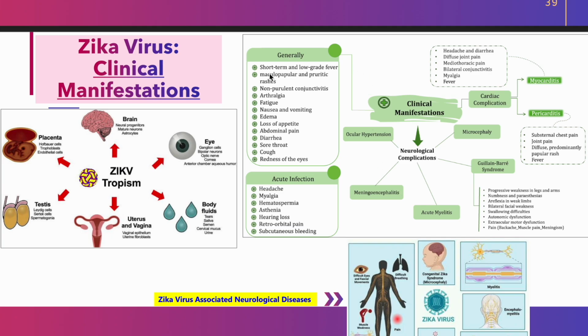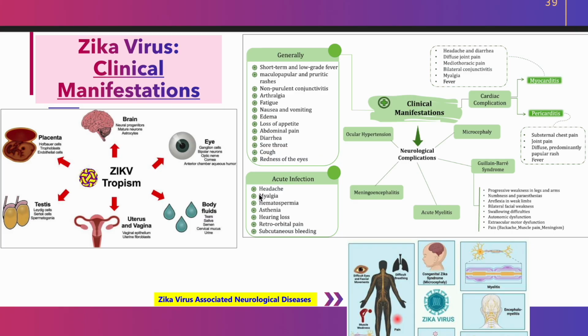The general infection causes symptoms like short-term low-grade fever, maculopapular and pruritic rashes, a rash on the skin, non-purulent conjunctivitis, which is an eye infection, right? Arthralgia, fatigue, nausea and vomiting, edema, loss of appetite, abdominal pain, diarrhea, sore throat, cough, and redness of the eyes. Very similar to dengue fever.